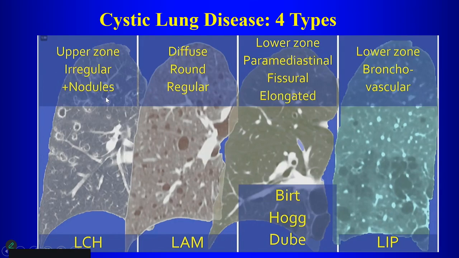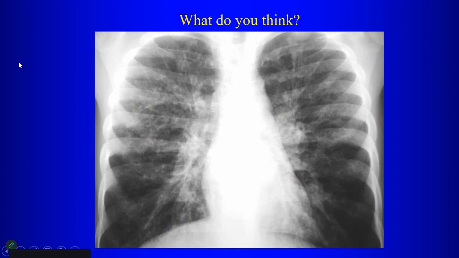So LCH gives you upper zone irregular cysts and nodules. With LAM, diffuse round regular cysts. Birt-Hogg-Dubé, these tend to be paramediastinal along the fissures and elongated. And then there's LIP, which gives you kind of a lower zone distribution. They tend to be bronchovascular. So these are the major cystic lung diseases that you might come across.